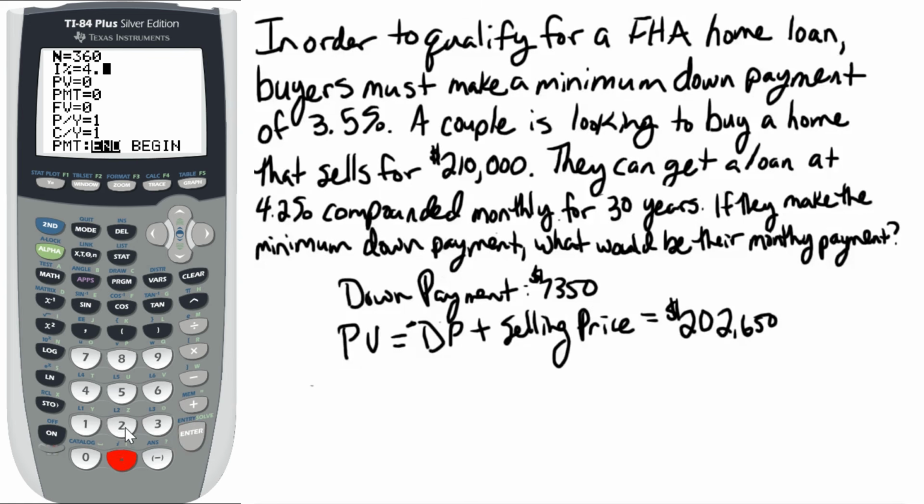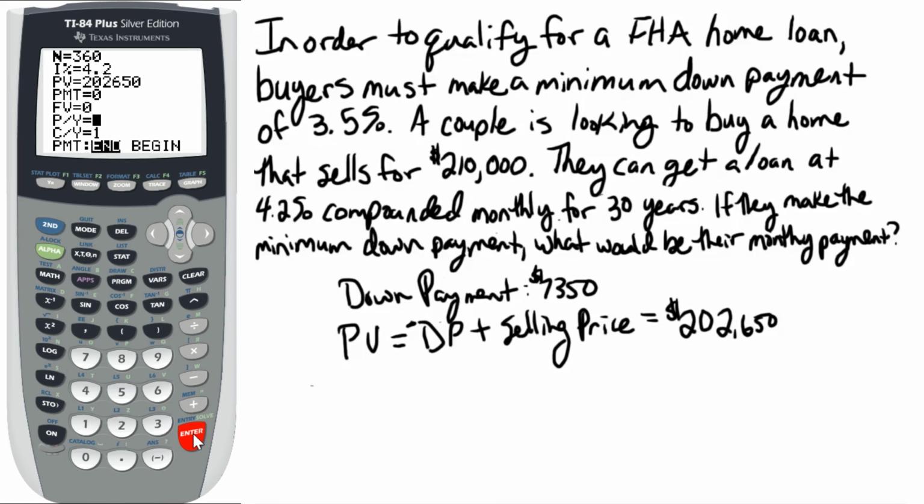Our present value is a negative amount of money away from us. So negative and negative make positive. That's a positive $202,650. Payment is what we're looking for, so we'll come back to it. At the end of the 30 years, I will have paid the loan off, so its balance will be 0, so the future value is 0.